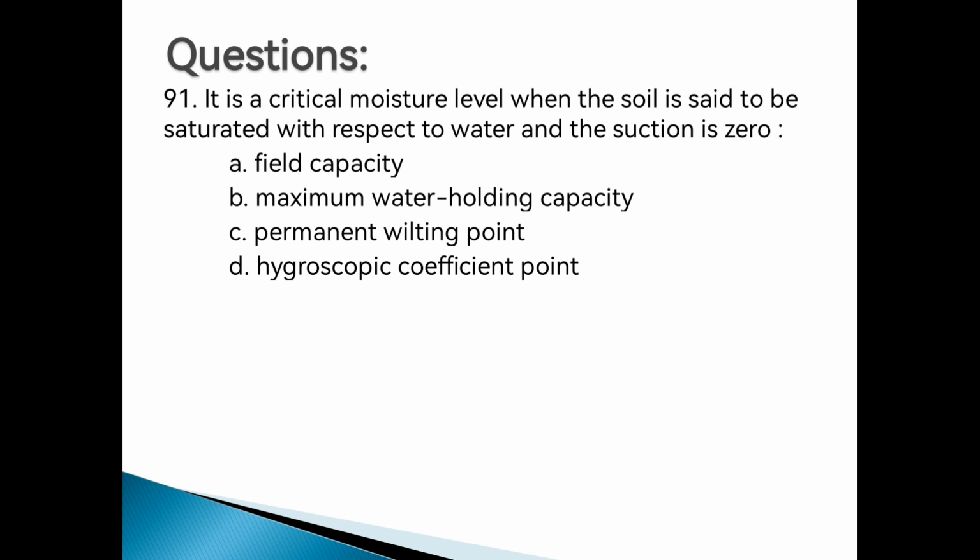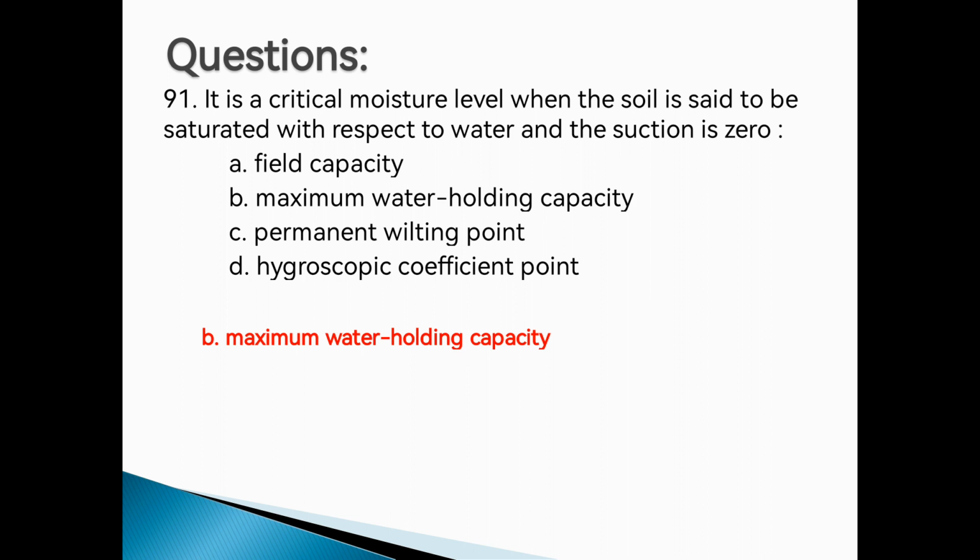Number 91. It is a critical moisture level when the soil is said to be saturated with respect to water and the suction is 0. A. Field capacity, B. Maximum water holding capacity, C. Permanent wilting point, D. Hygroscopic coefficient point. The correct answer is B.